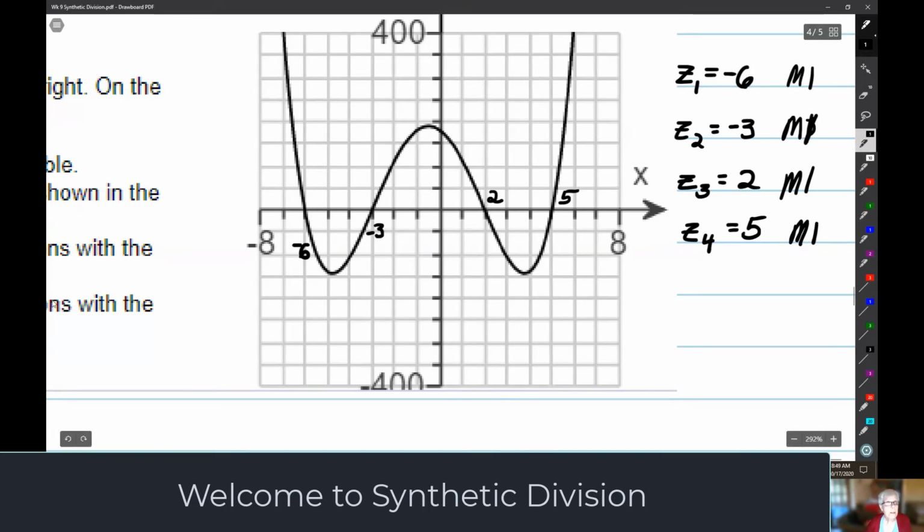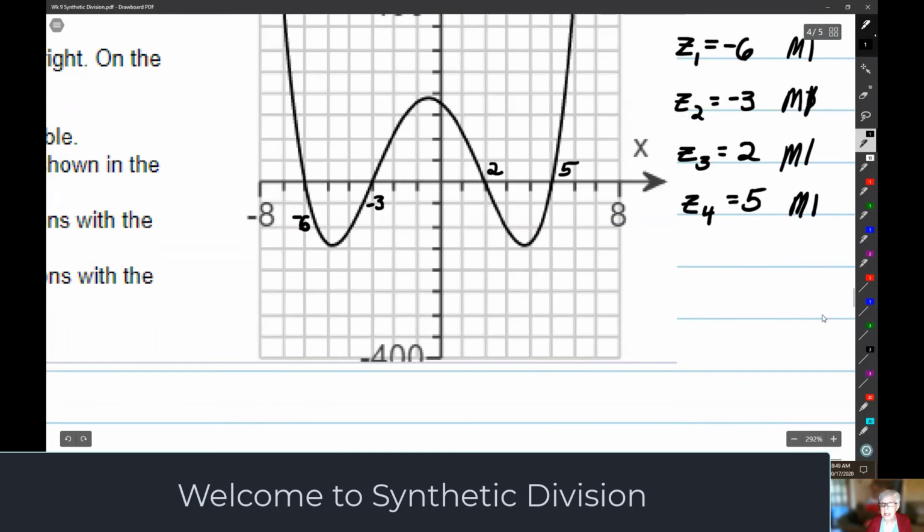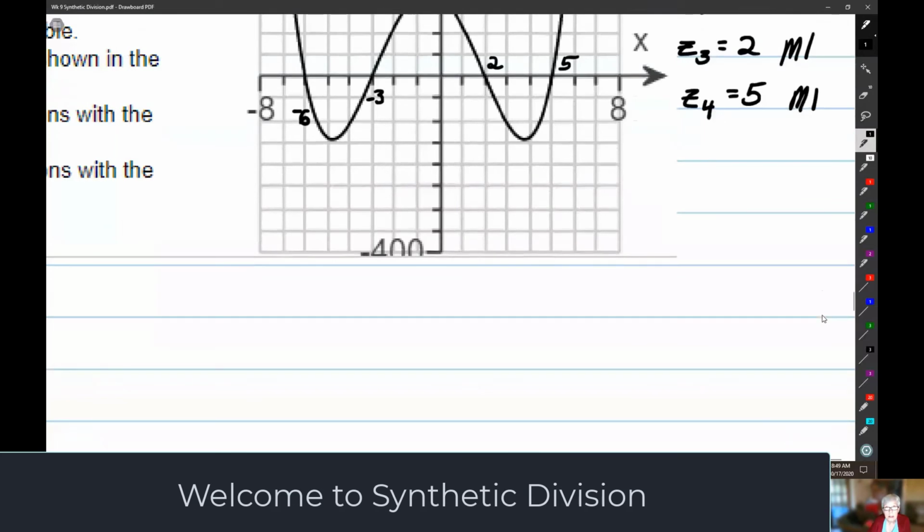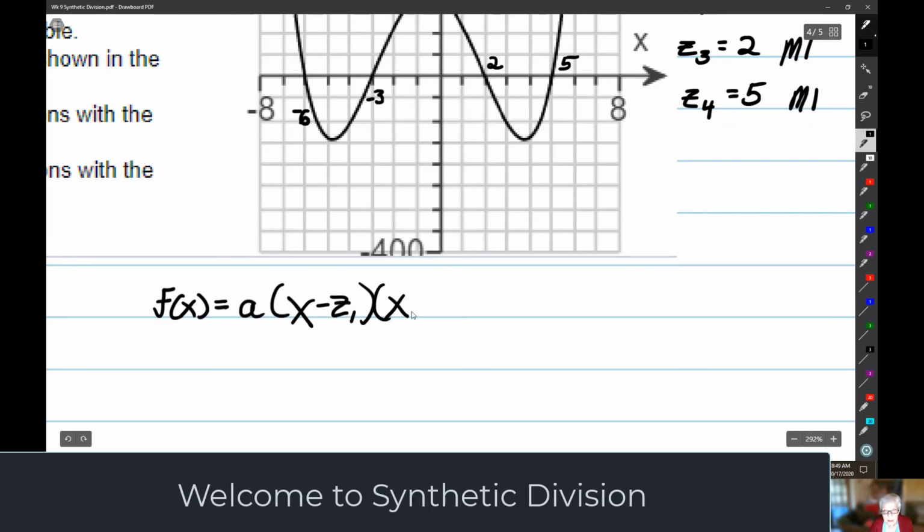Which is good. Okay, now it says find as many factors as I can. f(x) equals a times (x minus z1) times (x minus z2) times (x minus z3) times (x minus z4), because there are 4 zeros.